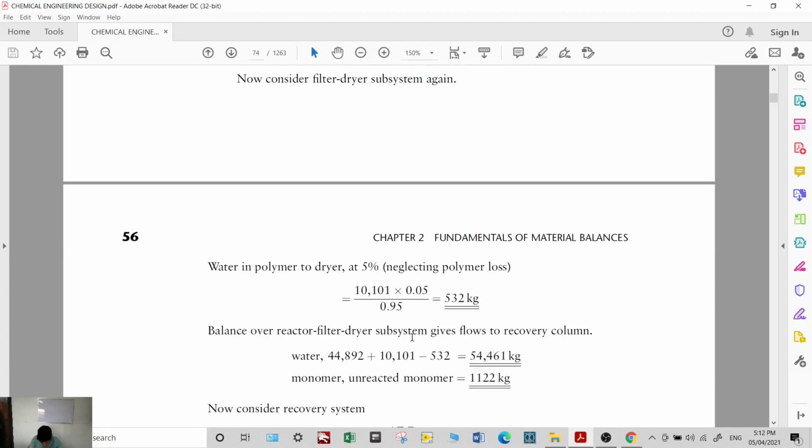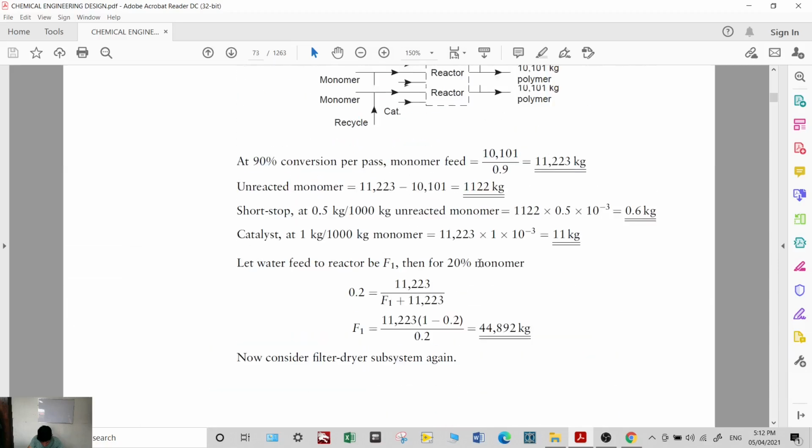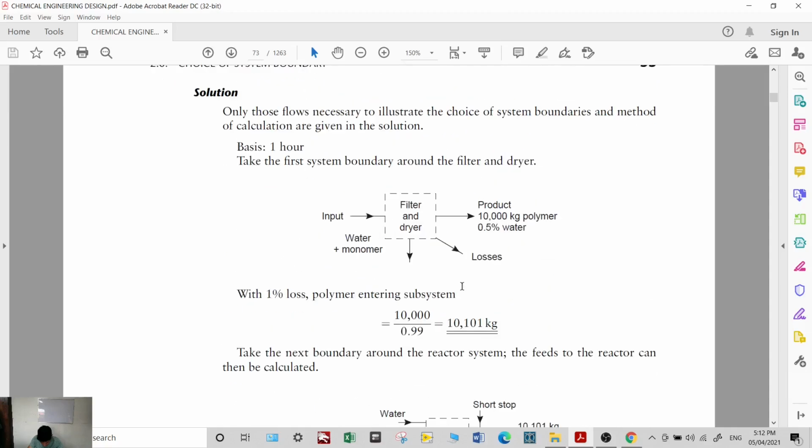So ang 10,101 times 0.05 divided by 0.95. Okay? So ang water content sa imong product is 532 kilograms. Okay? 532 kilograms.